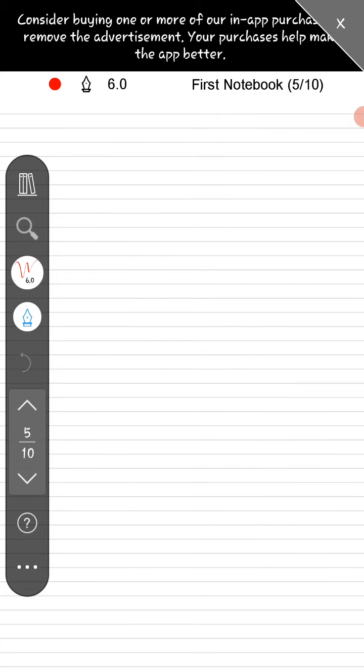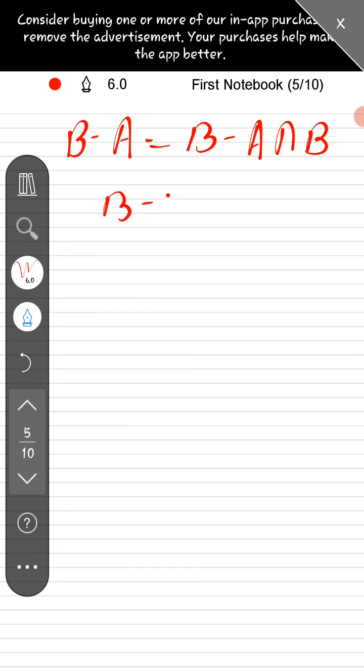In a similar way, we can also write B minus A as B minus A intersection B, and B minus A is equal to B intersection A complement. Just as simple as that.